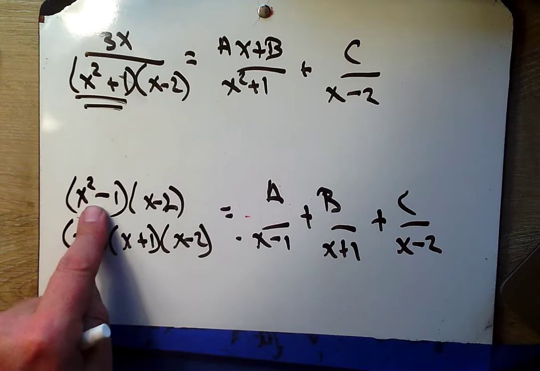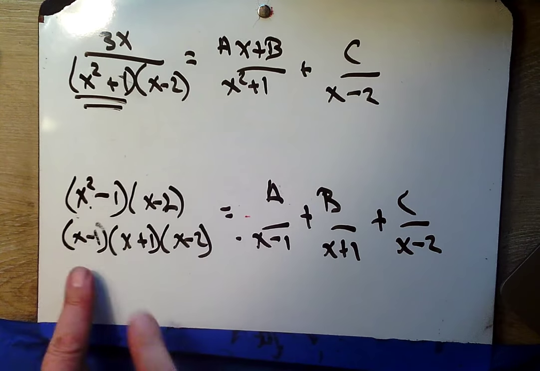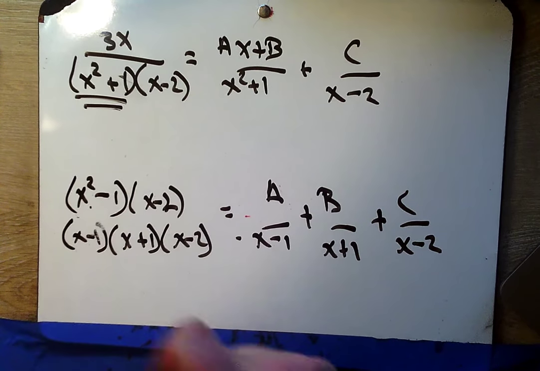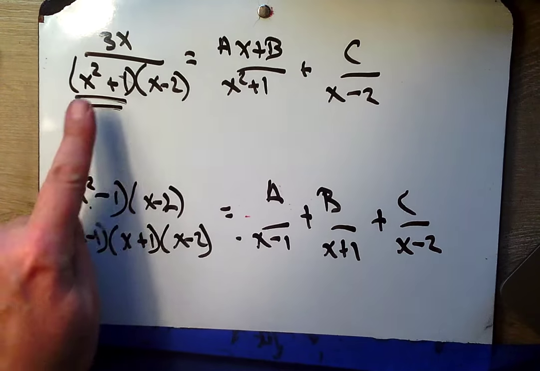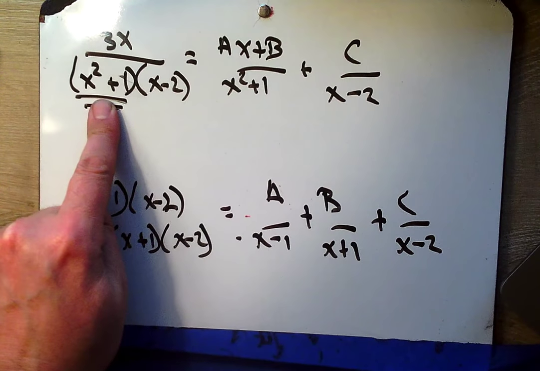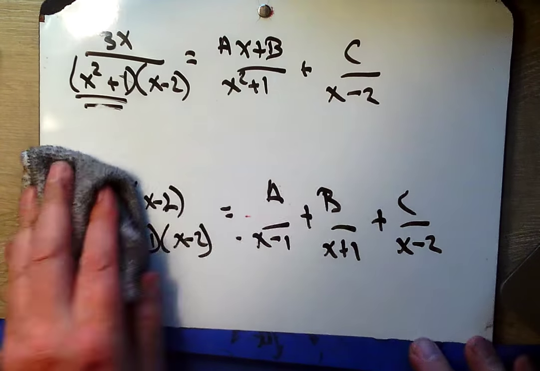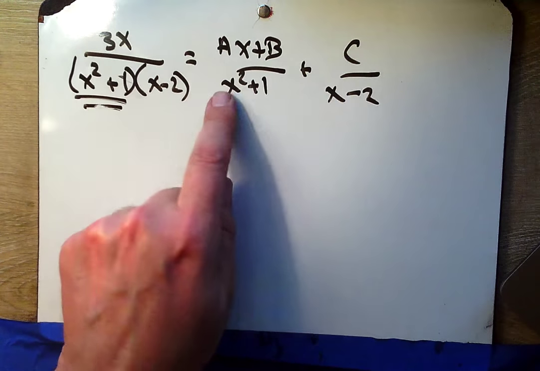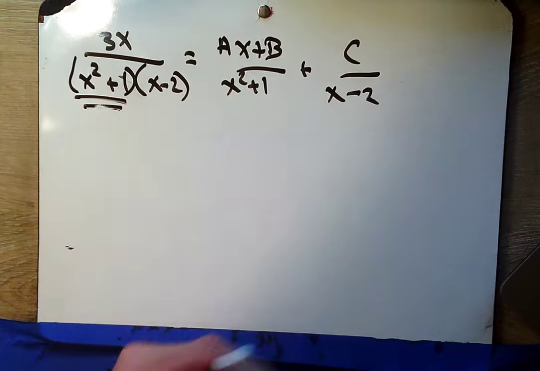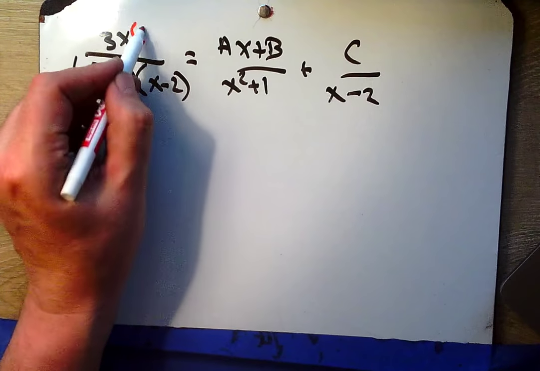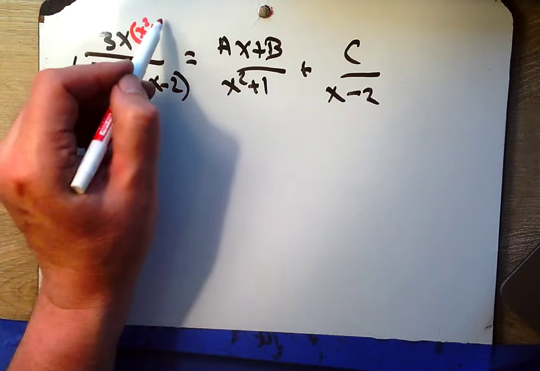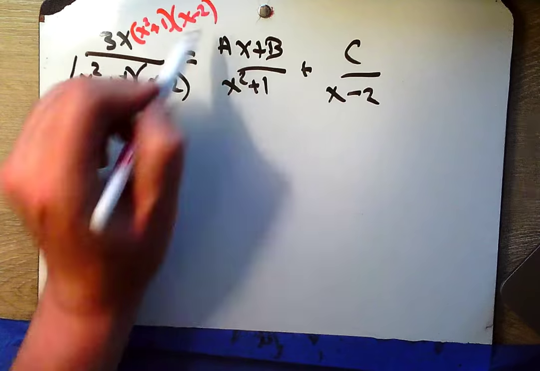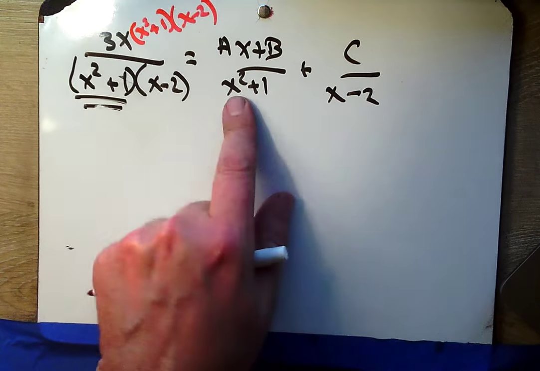This is not an irreducible quadratic. I can, in fact, reduce that to these linear factors. It's only here where I can't factor this unless I use imaginary numbers, which I'm not going to use. That's why this is irreducible, and I've got to have that thing on top. So I'm going to multiply everywhere by my least common denominator, which again is, oh, it is this times this.